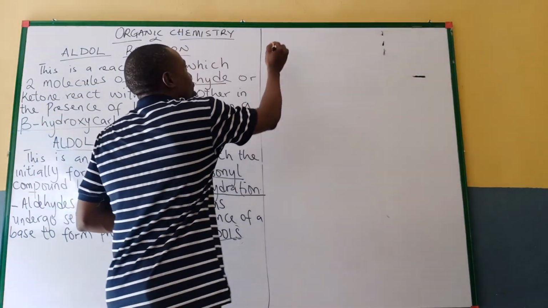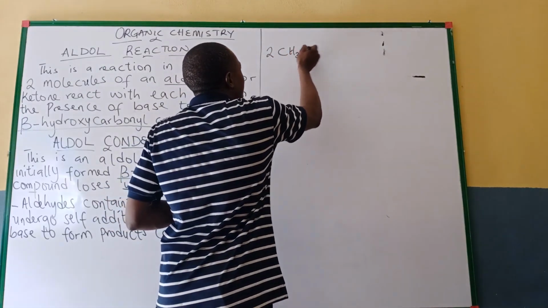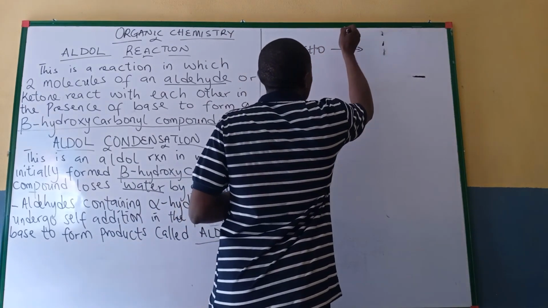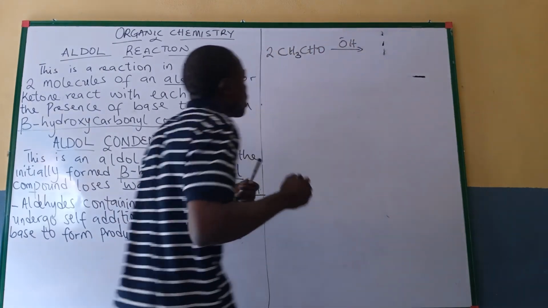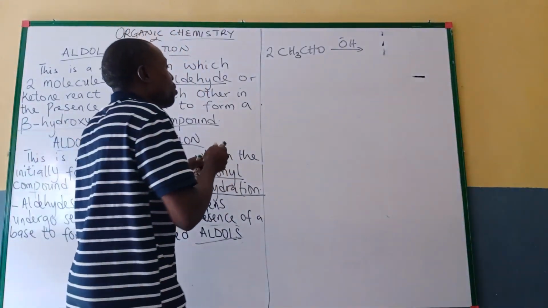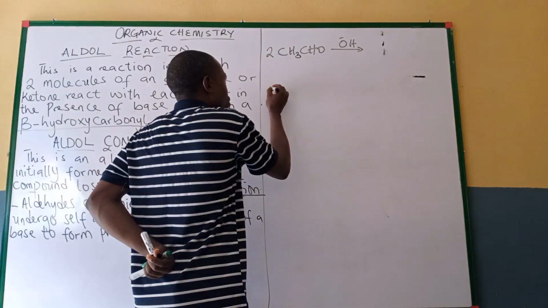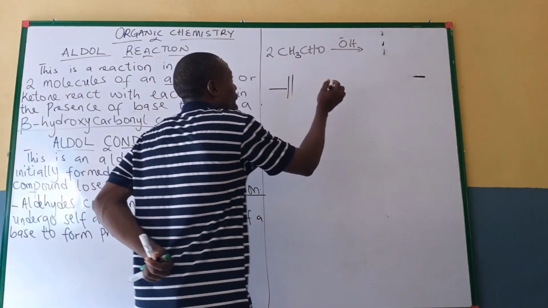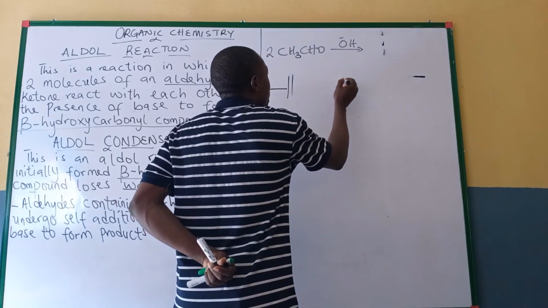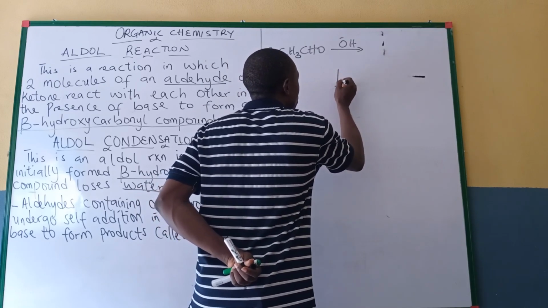The acetaldehyde. Now if I'm having two molecules of acetaldehyde in the presence of a base, now what will happen? Very, very simple. The shortcut of it is very simple. It should be like this, while the other should be of this nature.